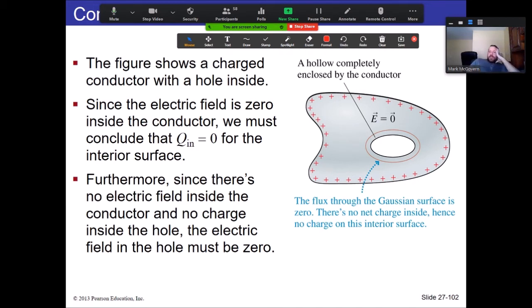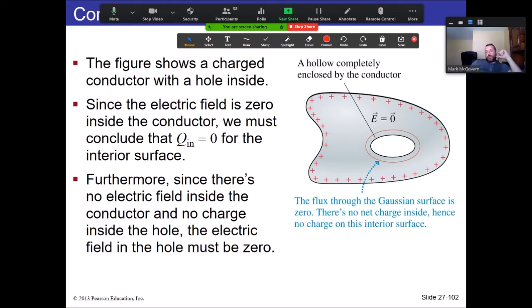Well, there can't be anything built up on the inner surface because, again, the electric field inside the conductor is 0. And since the electric field is 0 inside the conductor, there can't be any charge that sits in there. If I draw a little Gaussian surface inside the cavity, Q enclosed is 0. And if I'm outside the cavity, the electric field in the conductor is 0. So the electric field is 0.